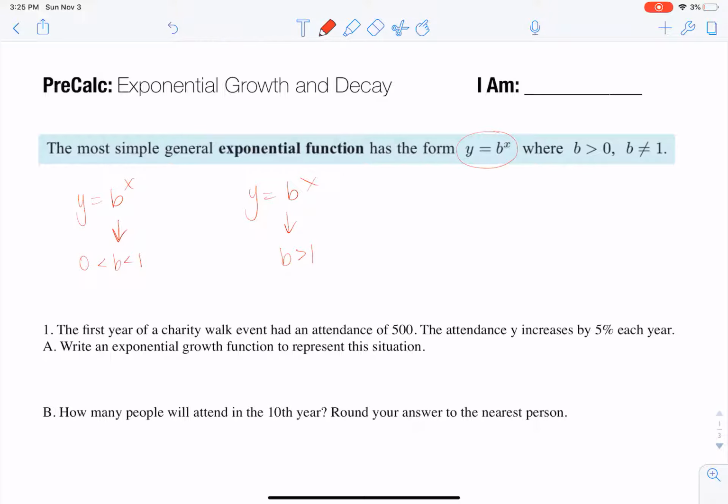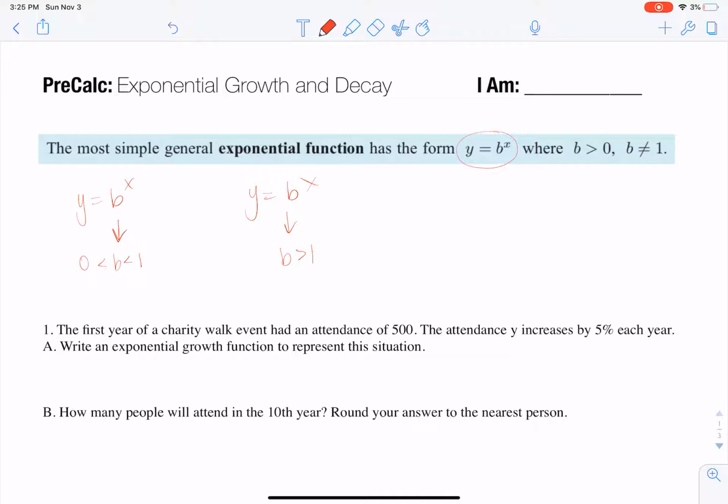And it can't be less than 0 because if I think about what y equals -2 to the x power would look like, anytime x is even, it would produce a positive value, and anytime x is odd, it would produce a negative value. So I'd really end up with a graph that's looking something like this, which is also not representative of an exponential model.